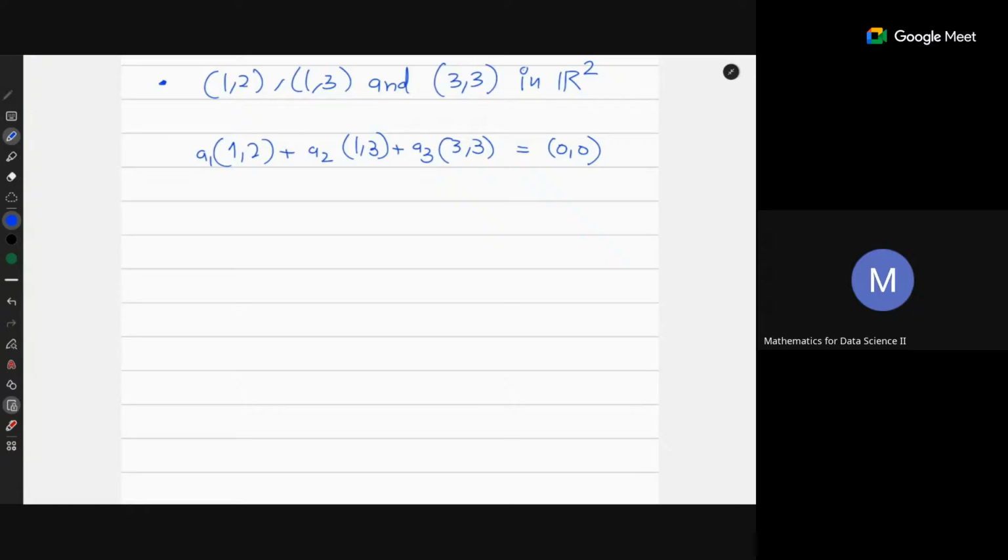Sorry, it will give you two equations, but three values. So M is 2, N is 3.